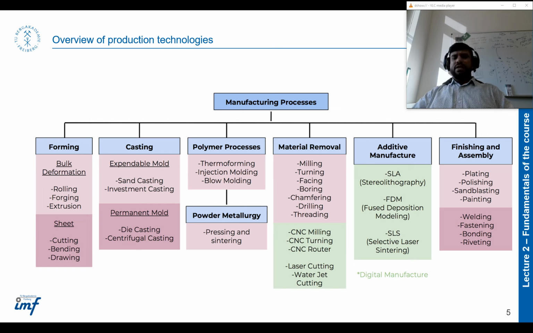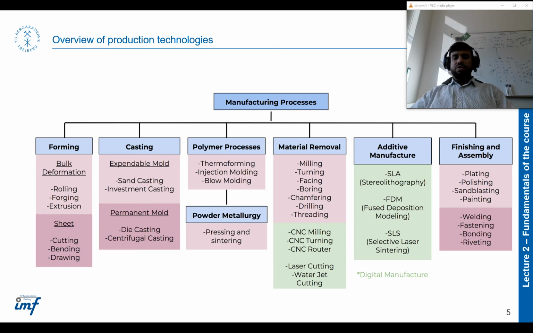And then there is a material removal process, which is a very large field, which is related to removing the undesired material and then leaving off with the required material in a desired shape.